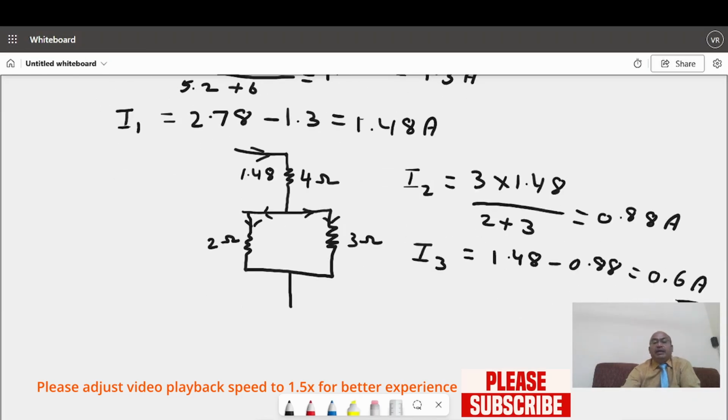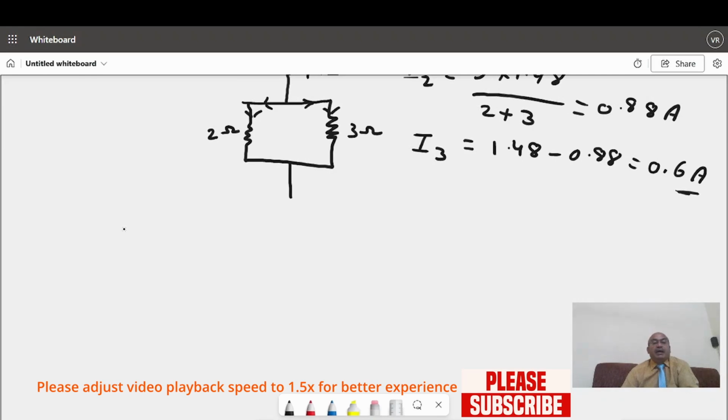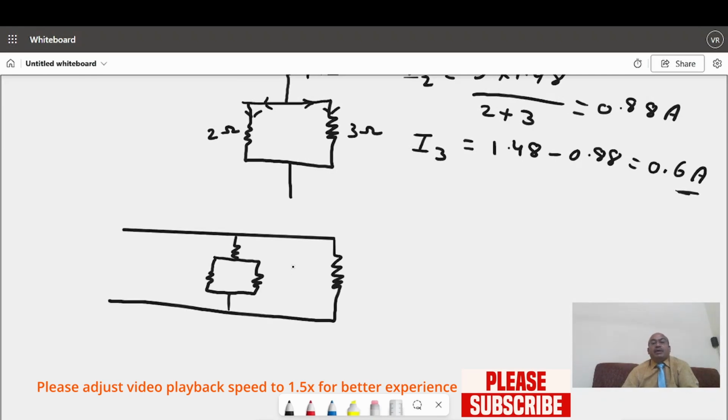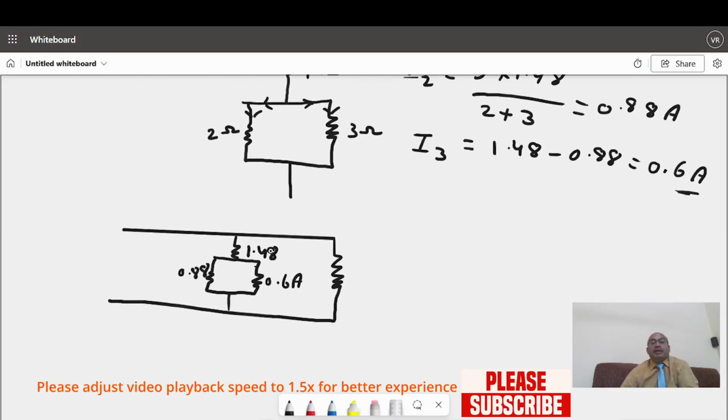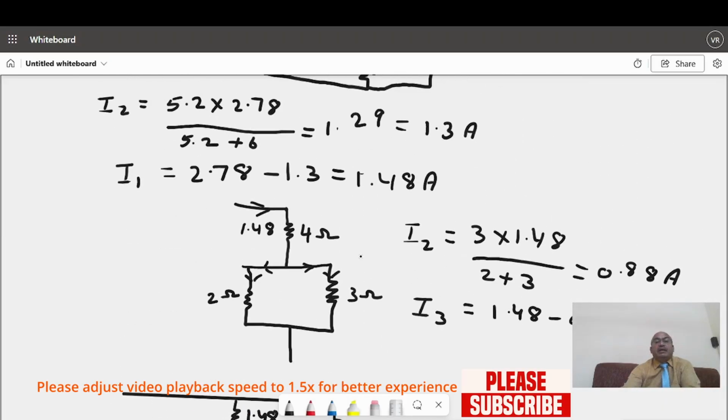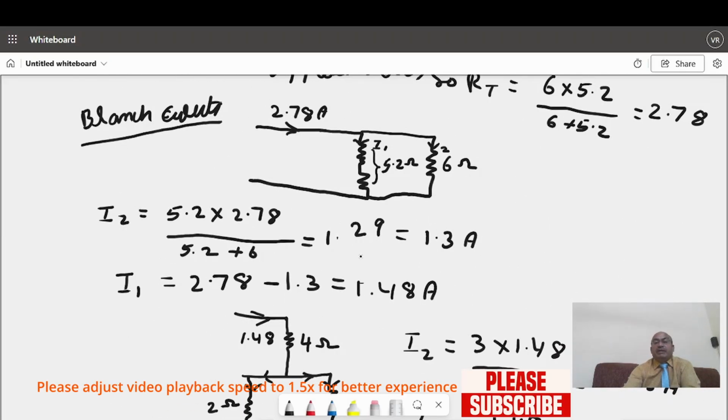So finally, if you draw the circuit for our reference, the current flowing here is 0.6 amperes, here 0.88 amperes, here 1.48, and this is 1.3 amperes, and the total current is equal to 2.78.